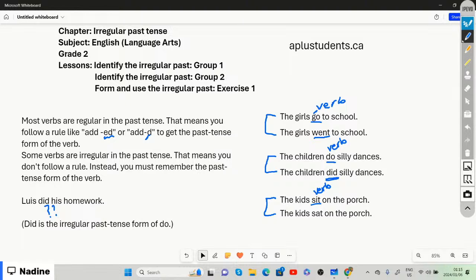And if we change that word sit to the past tense, specifically irregular, we're going to say the kids sat on the porch. So now the kids sit on the porch, but in the past, the kids sat on the porch. So the past tense form of the word sit is sat.